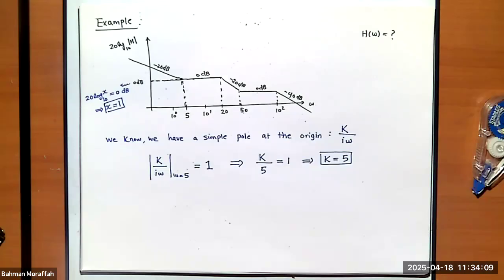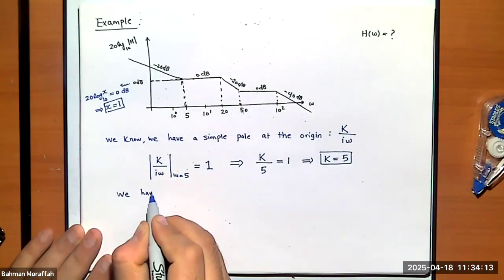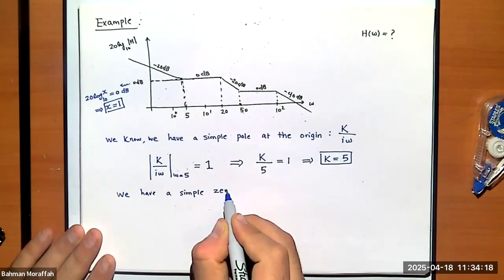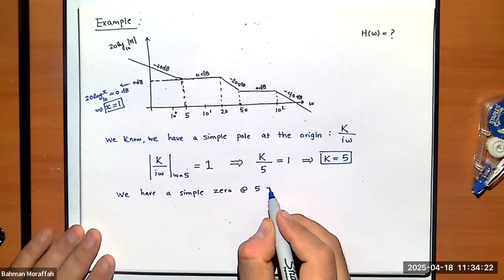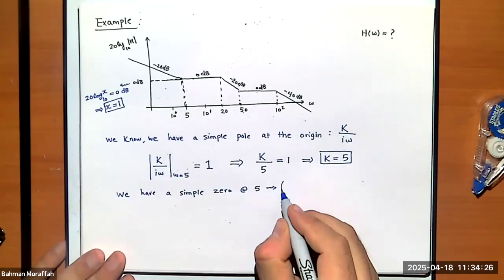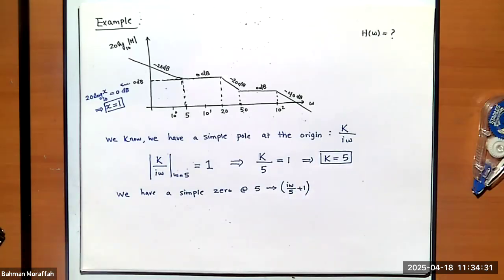So we have a simple zero. How do I represent this simple zero at 5? Well, it is i omega divided by 5 plus 1.